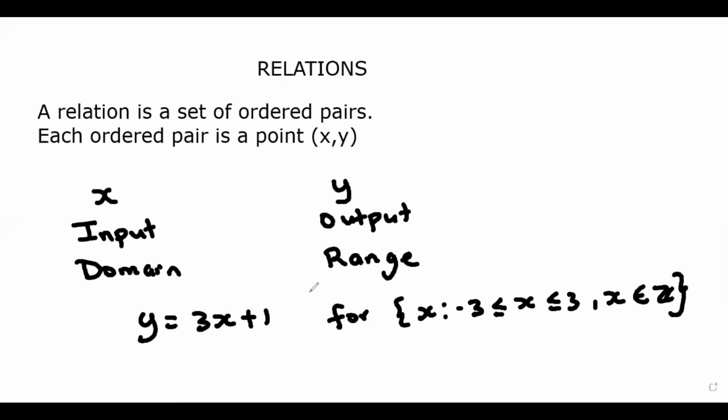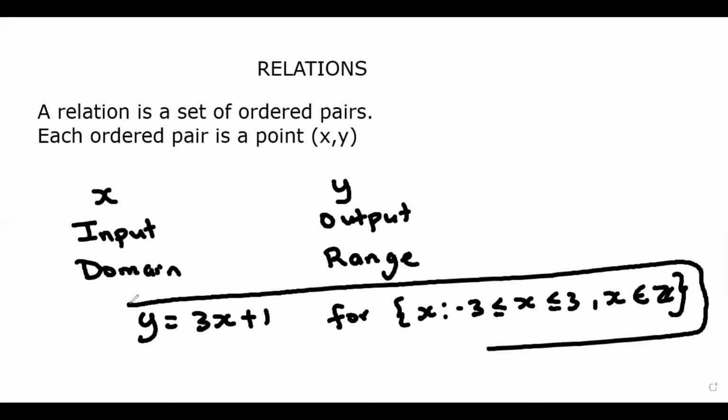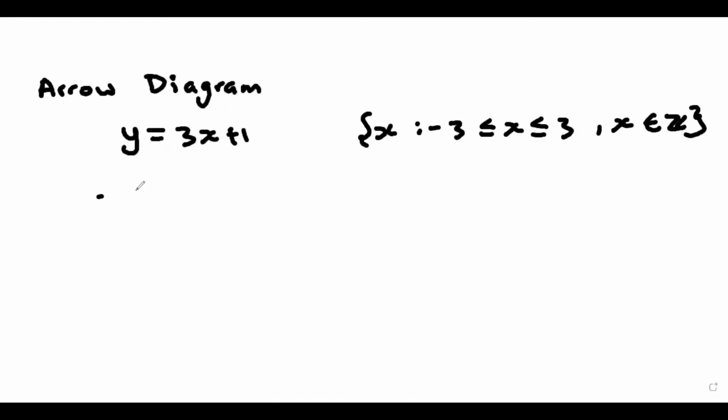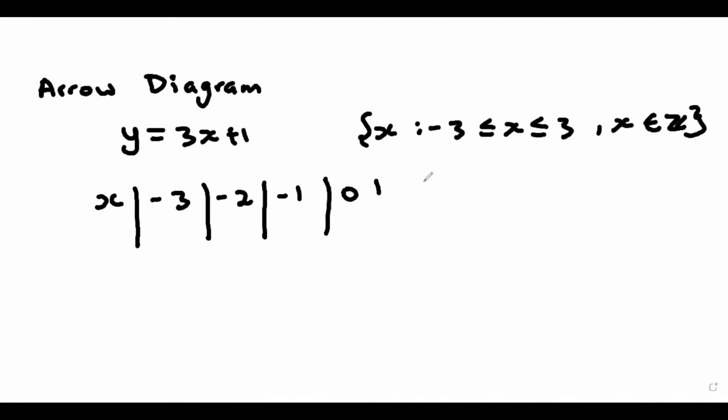So now we're going to draw an arrow diagram to represent this. So we have y is equal to 3x plus 1, and we set x values to be -3, -2, -1, 0, 1, 2, and 3.